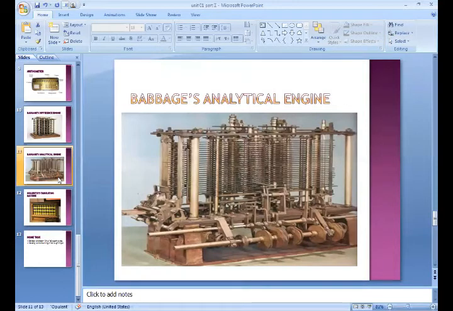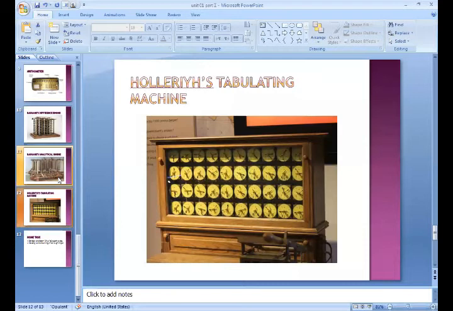Okay. Next is the Hollerith tabulating machine. In 1889, an American inventor, Herman Hollerith, 1860 to 1929, also applied the Jacquard loom concept to computing.